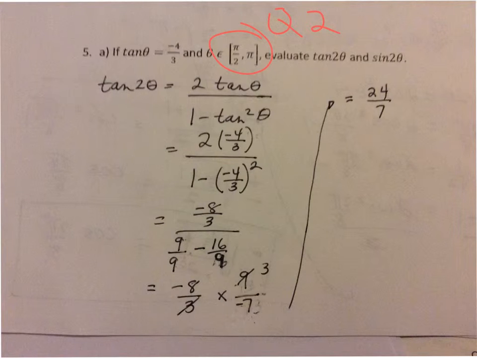Tan 2 theta equals 2 tan theta over 1 minus tan squared theta. We're just going to substitute -4 over 3 wherever you see tan theta.